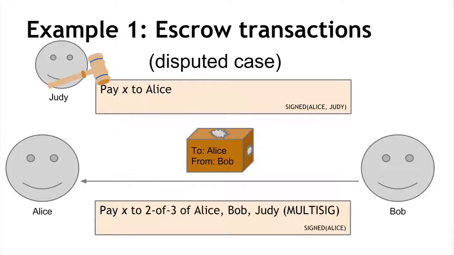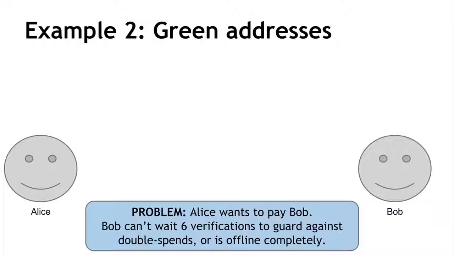If Judy thinks that Alice is at fault here and Alice is simply refusing to pay when she should, Judy can sign a transaction with Bob, sending the money to Bob. So Judy essentially has full control here, but the nice thing is that she won't have to be involved unless there's a dispute.